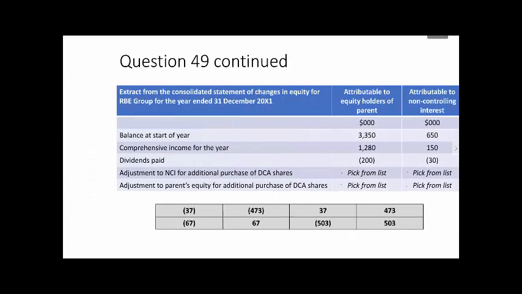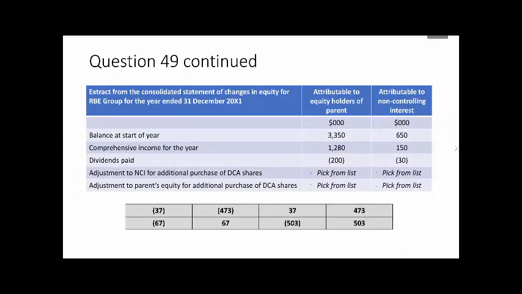So when we think about the statement of change in equity, what we've got here is a column that's already been prepared for us with figures of the amounts attributable to the NCI, but this is based on the original 30% NCI. We need to therefore make some adjustment here to reflect the fact that the NCI is now just 10%.